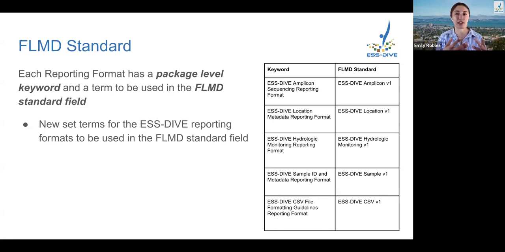We didn't want to have to recommend updating it if a version update to the reporting formats happened. But that is good feedback, and we can definitely think about maybe allowing that keyword to be used in the FLMD standard field as well.